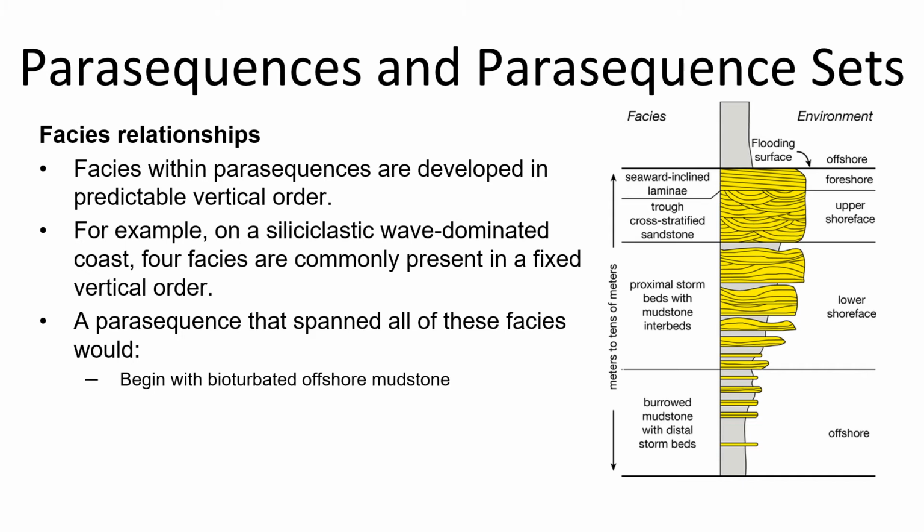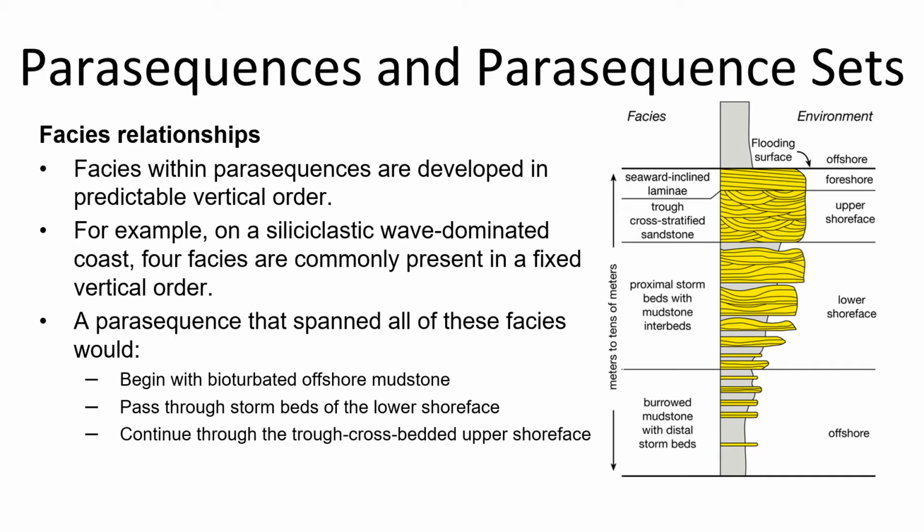You're going to start out with a bioturbated offshore mudstone towards the bottom. Okay, so this is offshore. And then, as you go up that parasequence section, you're going to pass through storm beds from what we call the lower shoreface. This is where storms can actually still have an impact on sediments.